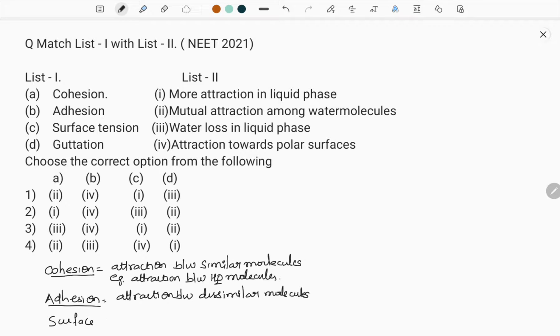Surface tension is generally seen in liquid molecules. This is a pressure created on the surface of the liquid. Due to the pressure, the surface area of the liquid will get minimized.